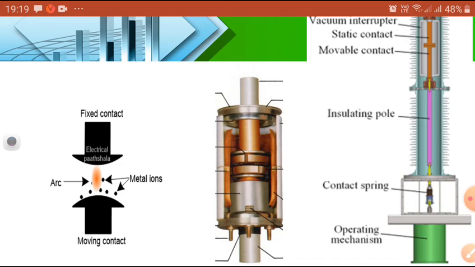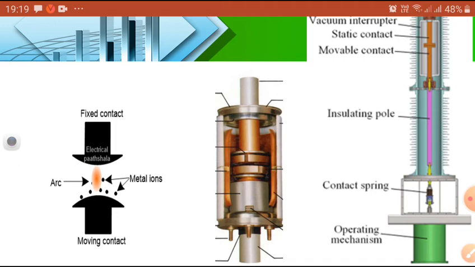Now both friends are very close, and we are forcibly separating them from each other. Now what is happening? Already you know. After disconnecting the contacts, the last point of contact will be the contact surface, which results in high current density at these points.